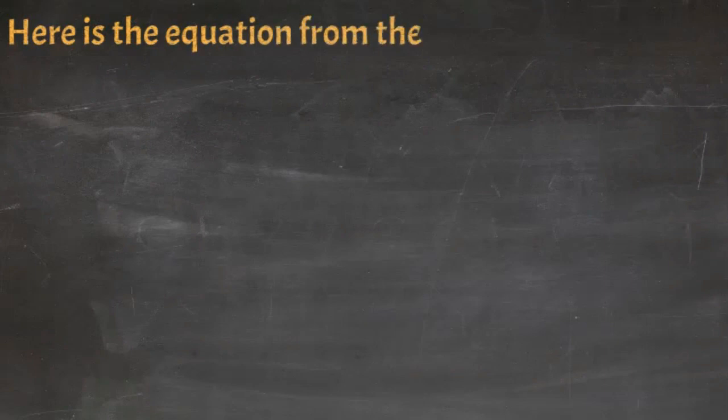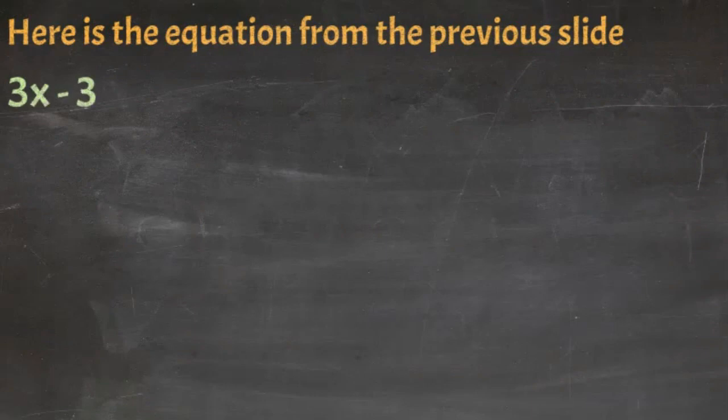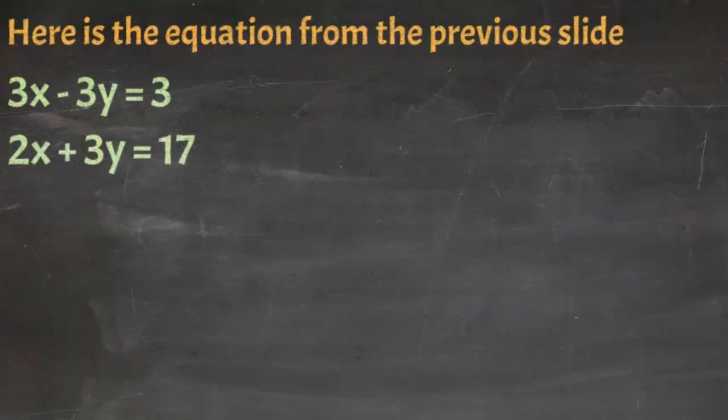Here's the equation from the previous slide: 3x minus 3y equals 3, 2x plus 3y equals 17. So remember, we said we're going to add the equations. Negative 3y and positive 3y will cancel each other out or eliminate each other.